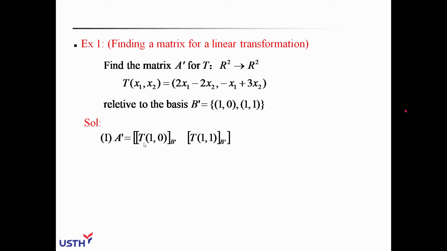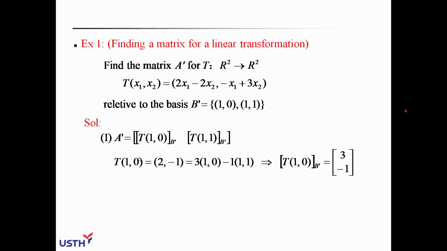We calculate T of the first, T of the second, and we write it in the coordinates in the basis B prime. So what do you get? T of the first one to be that, and we express that according to the basis B prime. We get 3 times the first minus 1 time the second.